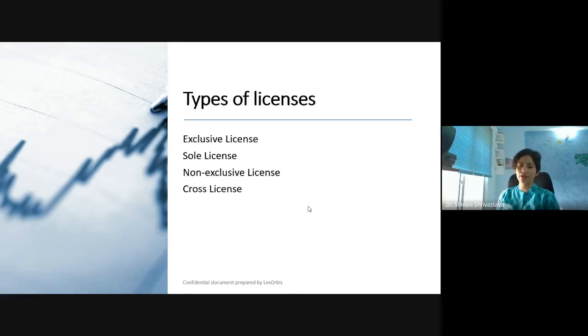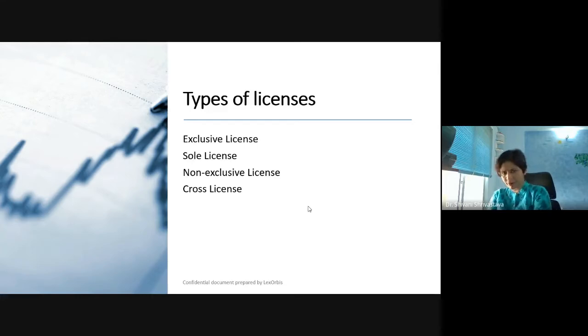They will have to set up an industry, or maybe buy equipment, and they might need trained people who would be working on the technology. So in that case, the licensee would always ask for an exclusive license so that he is assured that he's spending money and time and energy, so he should get benefit in future, because he will have to ensure that the investments are amortized and the profit is made in future.